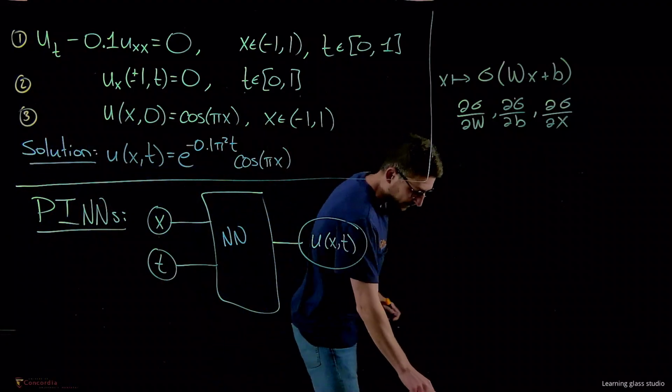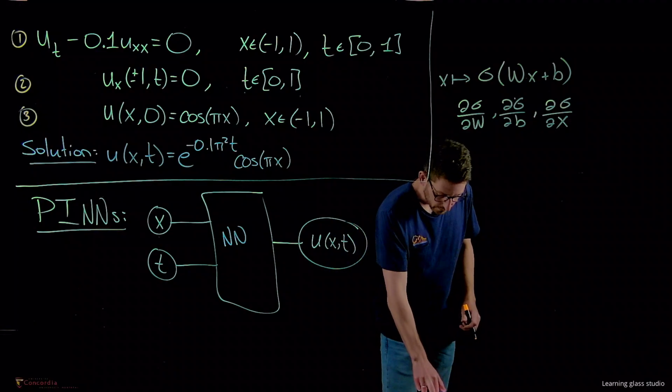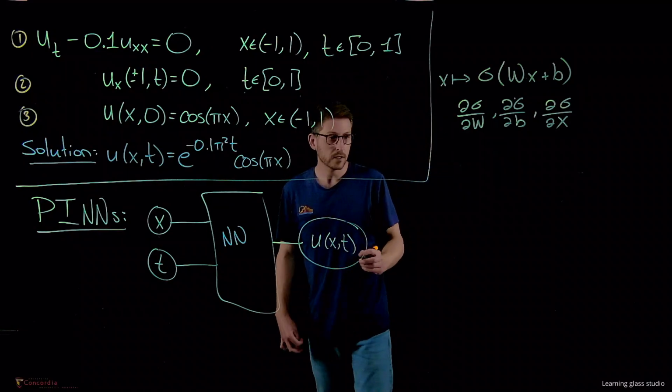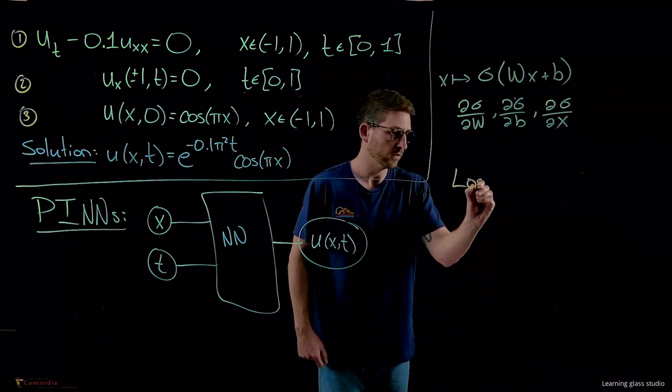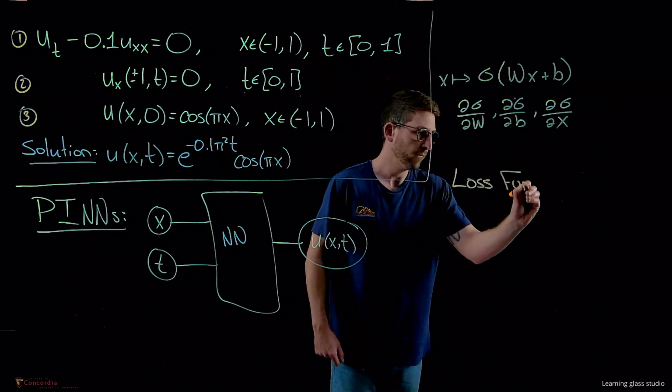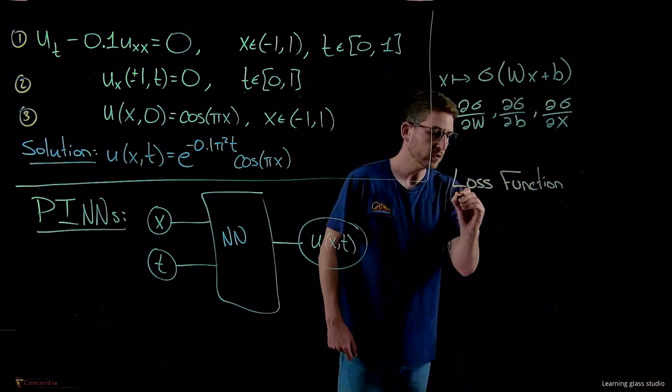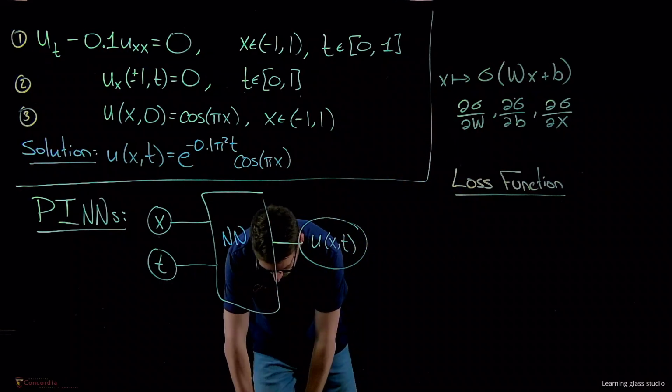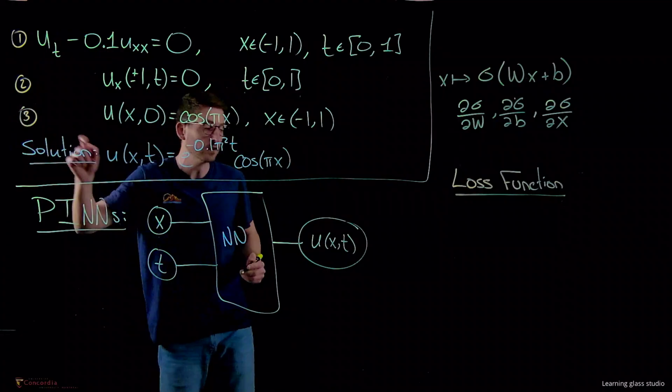So how do we do that? Let's call this the loss function. The loss function is going to have 3 pieces, one to satisfy each of the 3 conditions.